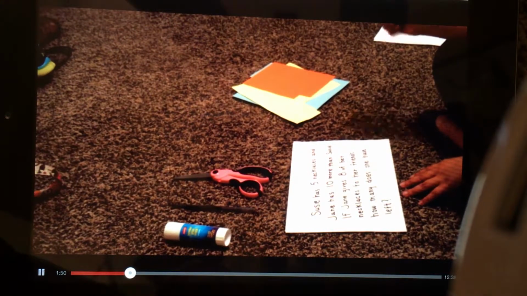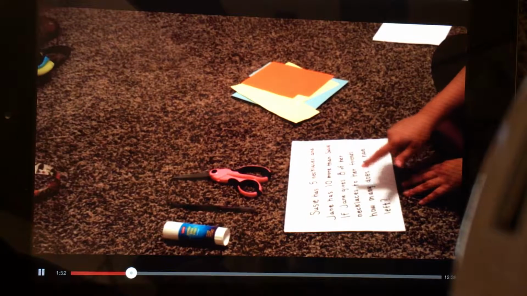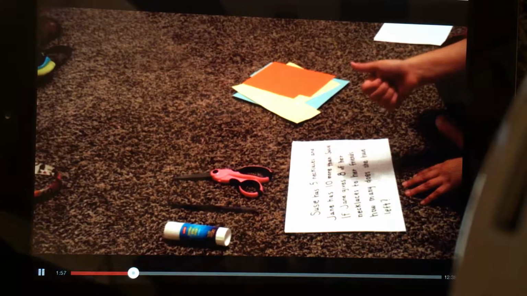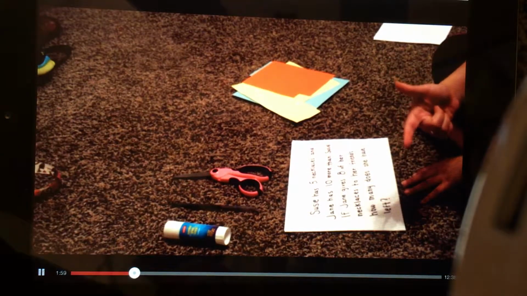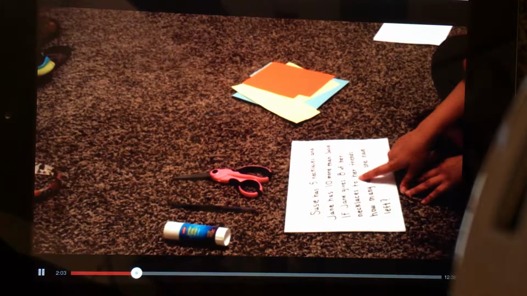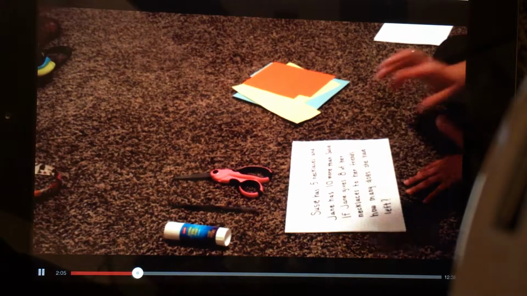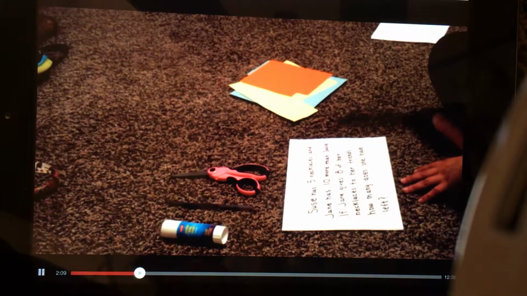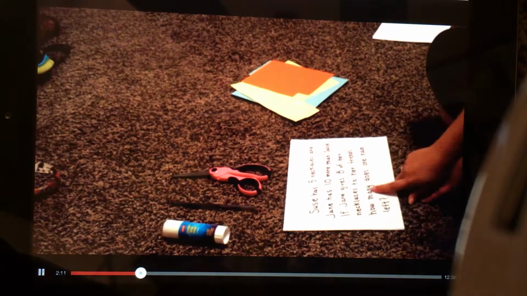If there's an action happening, it's either a join problem or a separate problem. But a join would mean she was getting more necklaces. Is she getting more necklaces? No, she's taking necklaces away.